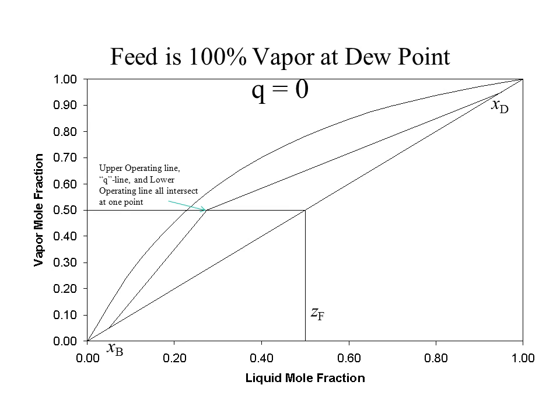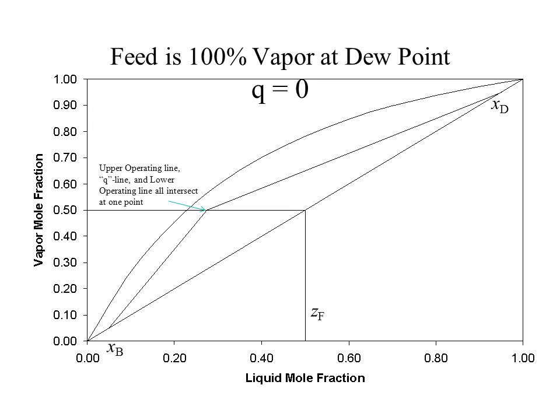Let's look at our diagram when Q is equal to 0. Here we will use the value y equals z sub f, which intersects our y equals x curve at the feed concentration. If our feed is actually at 0.5, then we would draw a vertical line up to the y equals x, and then a horizontal line, which also gives us y equal to 0.5.